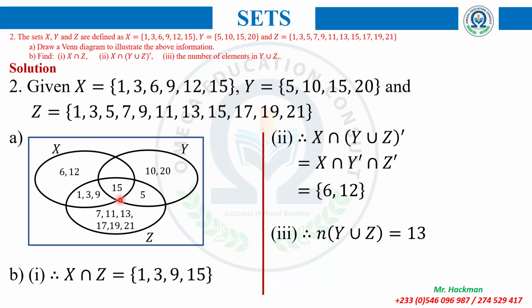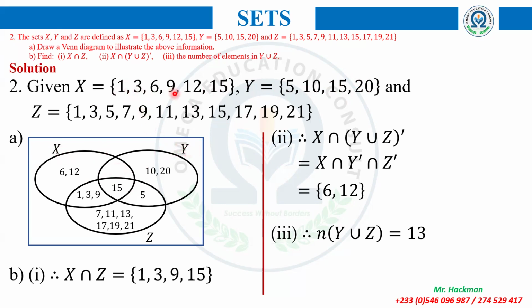Then you go to exactly 2. You are now looking at the elements in X and Y, but not Z. You can see that the 15 that you have there is in X and Y, and also in Z. But you are looking at X and Y, but not Z, so you won't get any element here representing X and Y only.